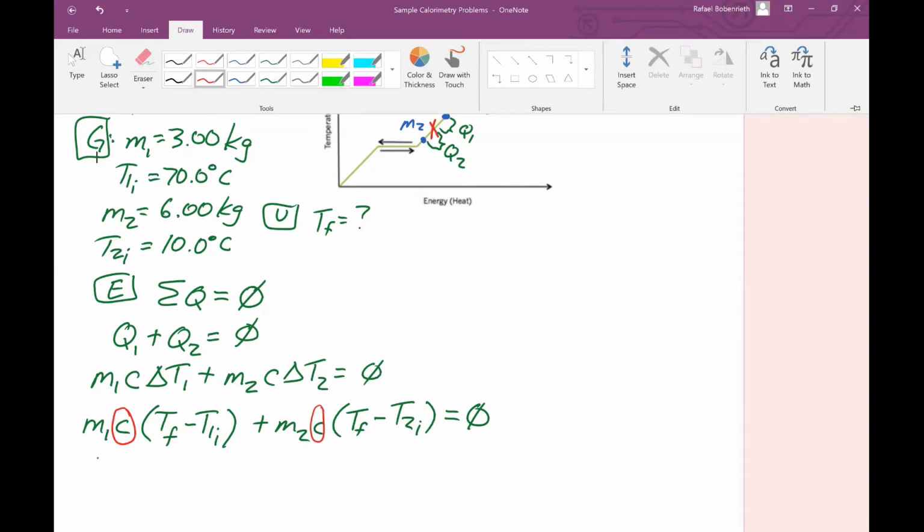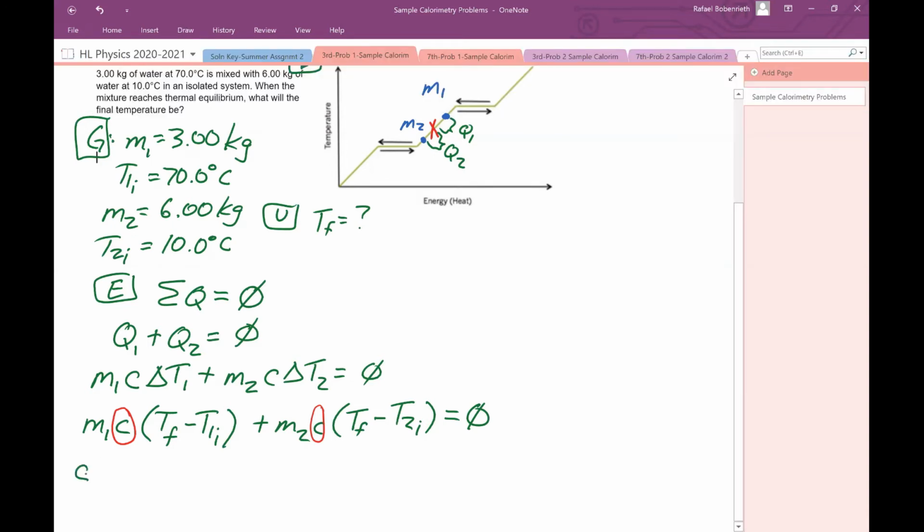Go green again. So this is going to be C. And while I'm doing that, I'm also going to distribute the mass to the temperatures, so I'm going to try and get rid of these parentheses. So this could be C times M1 final temperature minus M1 initial temperature of the first substance, plus M2 final temperature minus M2 initial temperature of the second substance, end bracket.